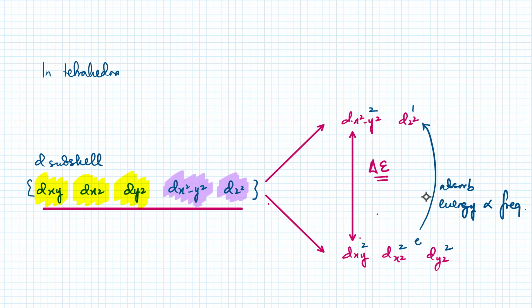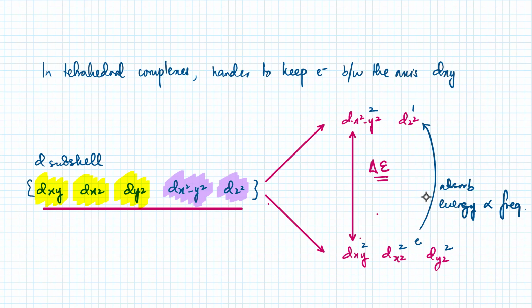In tetrahedral complexes, the ligands are approaching, they're not approaching on the axis. They have a 109.5-degree angle. So it's harder to keep electrons between the axis.